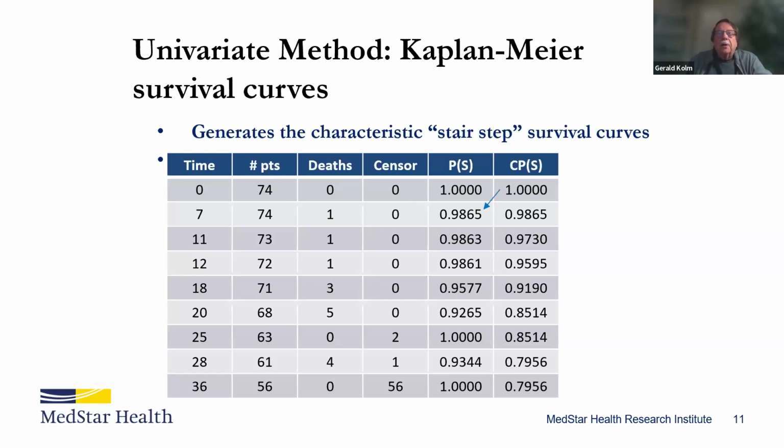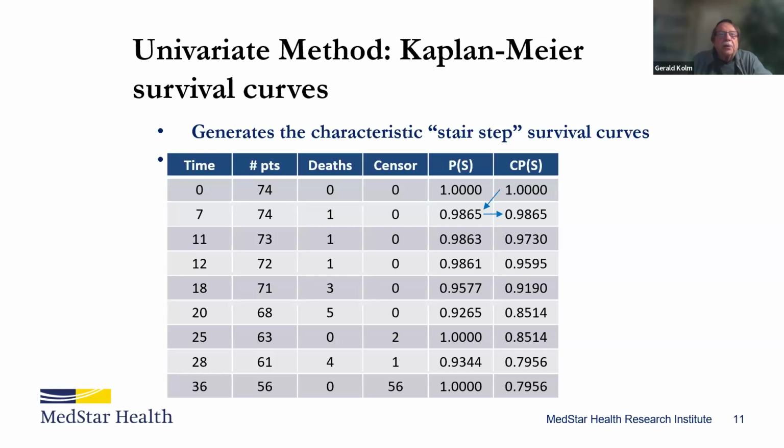And then our cumulative survival rate is just the previous cumulative survival rate times the probability of survival at the next time interval. In this case, that's just 1 times 0.9865. And so at time 7, our cumulative rate is over 0.98. And so this continues on.